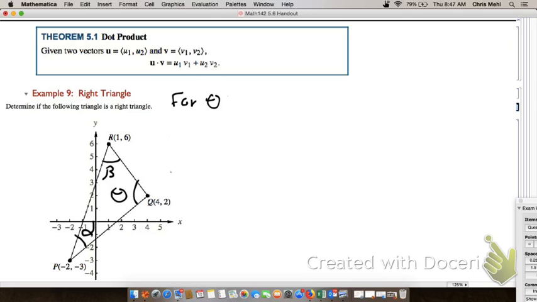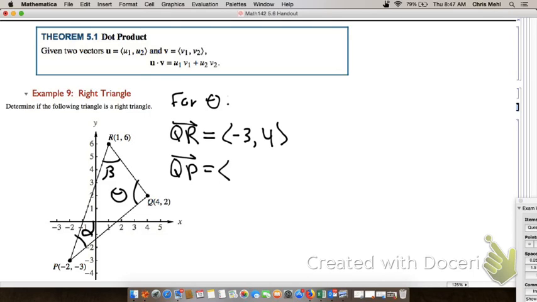Okay, so for theta, we're going to look at the vectors QR, find its components, and then we're going to look at the vector QP, find its components. Now QR is just the vector in the negative direction of RQ, or you can think of it this way: take the x-coordinate of R minus the x-coordinate of Q, you'll get minus 3, and the y-coordinate of R minus the y-coordinate of Q is going to give you 4.